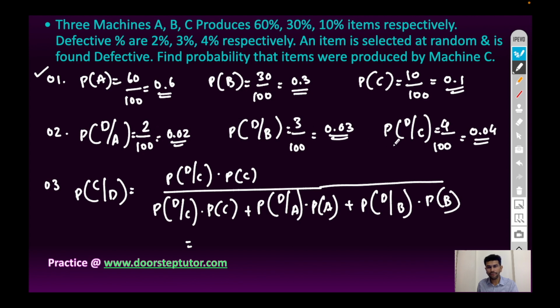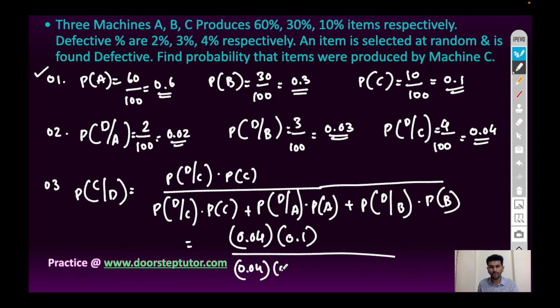So probability of D out of C is 0.04 multiplied by probability of C 0.1, divided by 0.04 into 0.1 plus probability of D out of A 0.02 into probability of A 0.6, plus probability of defective item out of machine B 0.03 into probability of B, which is 0.3.